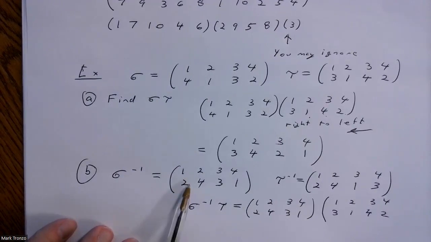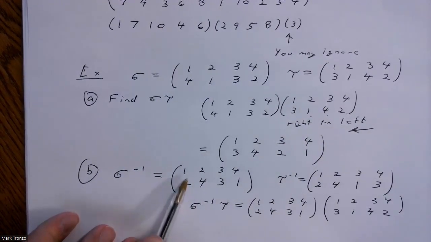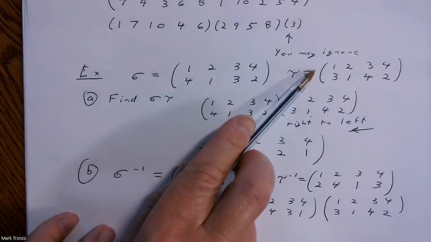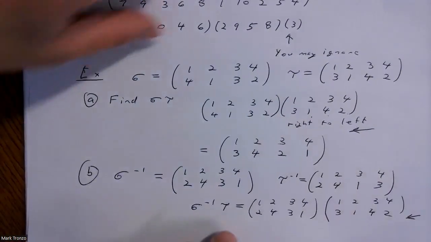So let's say if you wanted to do that, then you would just use the inverse you got up here and the tau from up here. And then once again, go from right to left.